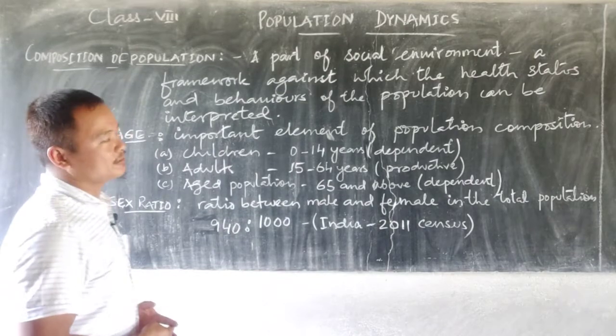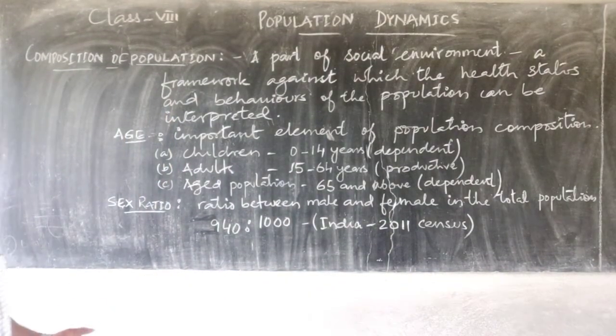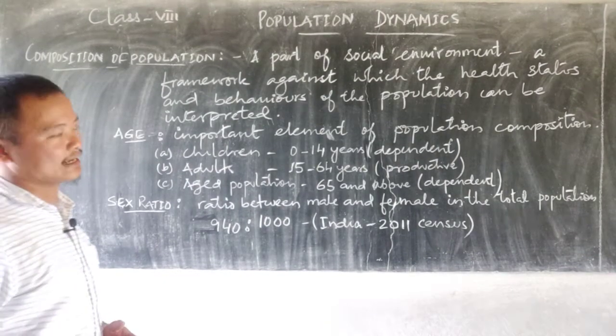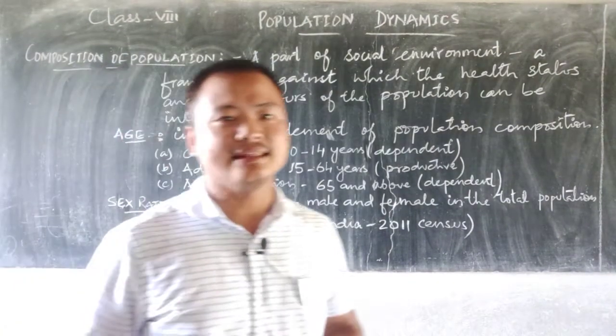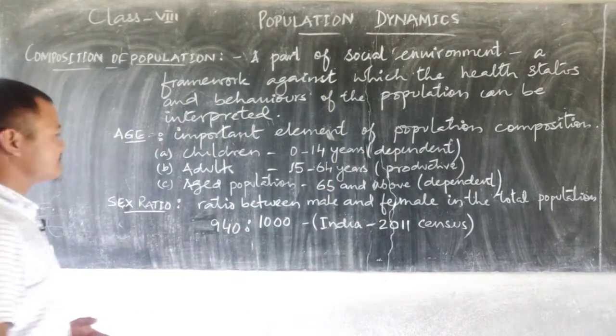Composition is considered a very important part of the social environment, which helps us put a framework against which the health status and the behavior of the population can be interpreted.